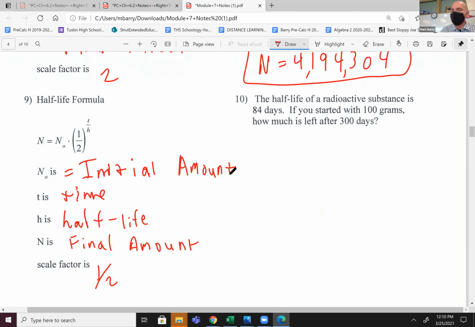Okay, so this particular one says it has a half-life of 84 days. So that is going to be our H, the half-life. It says we're starting off with 100 grams. And then it's asking how much we'll have in 300 days.